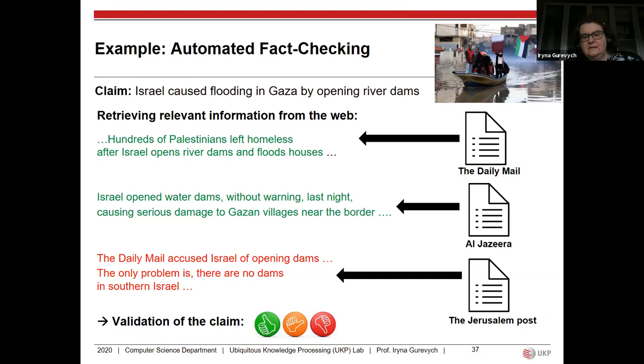And the system conceptually proceeds in a similar way. It retrieves relevant documents and the relevant snippets from those documents, classifies them in terms of stance. And then it also needs some reasoning and aggregation capability in order to infer from these relevant snippets if the original claim is right or wrong or something in between.